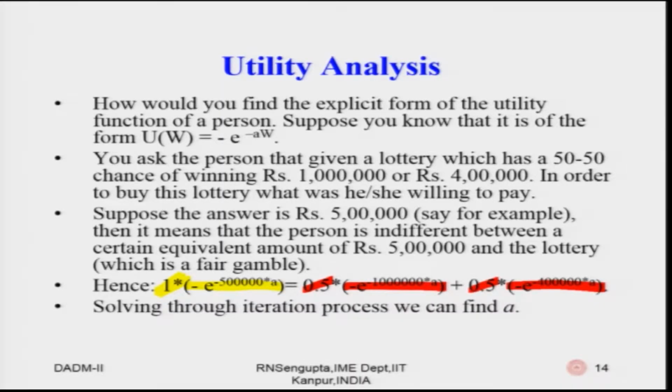So, let me continue reading whatever is given, because I have repeated that, but I am still going to read it. Suppose the answer is 5 lakhs, which the person says, then it means that the person is indifferent between a certain equivalent amount of 5 lakhs and the lottery, which is a fair gamble.